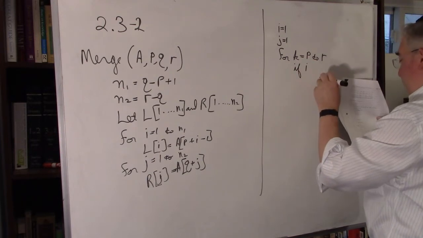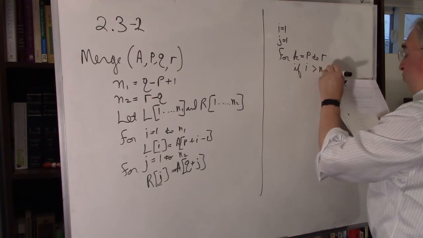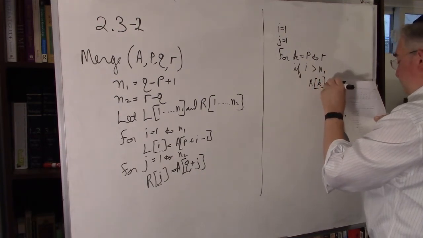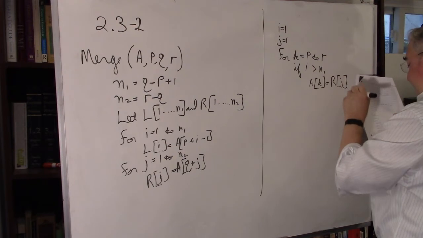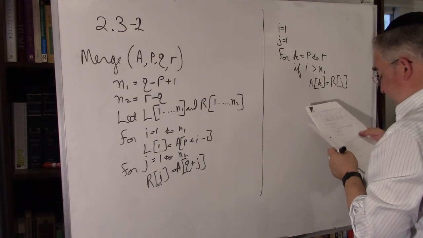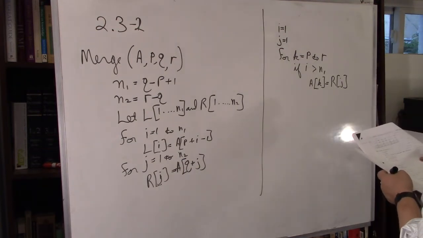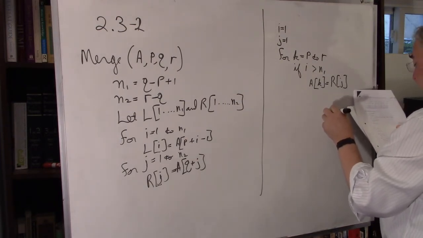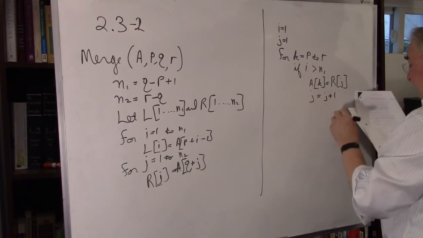If I is greater than N1, then A of K equals R of J, J equals J plus 1.